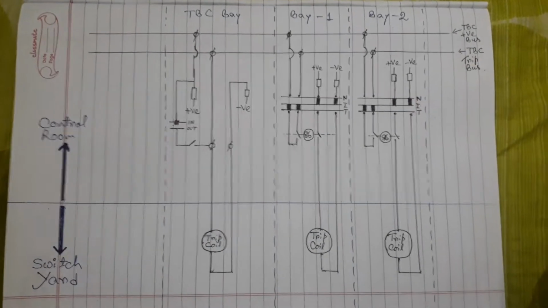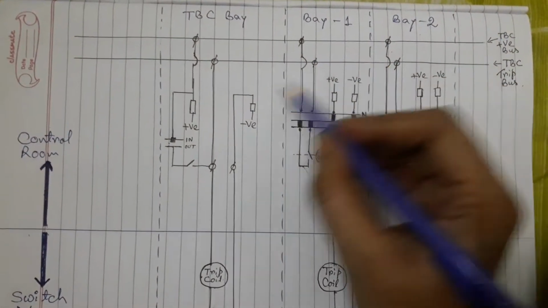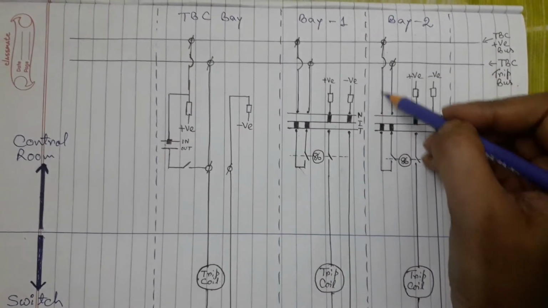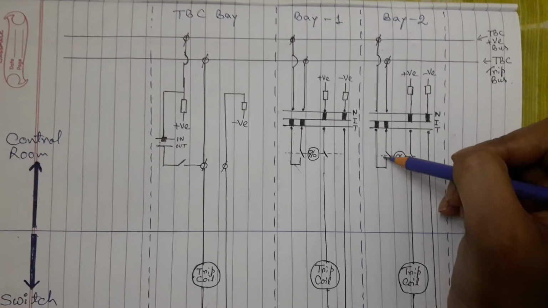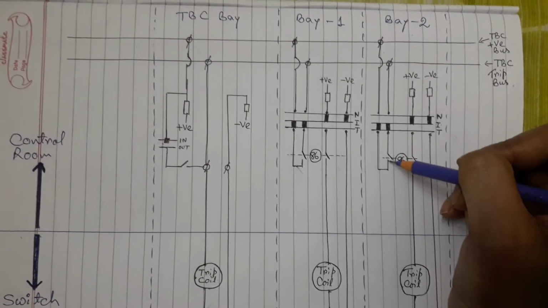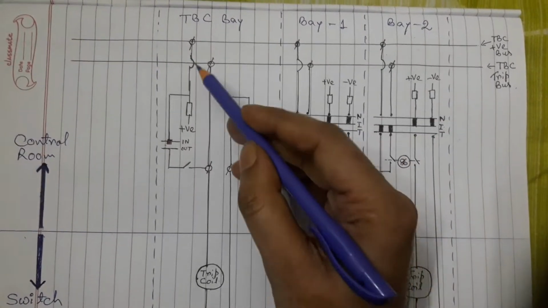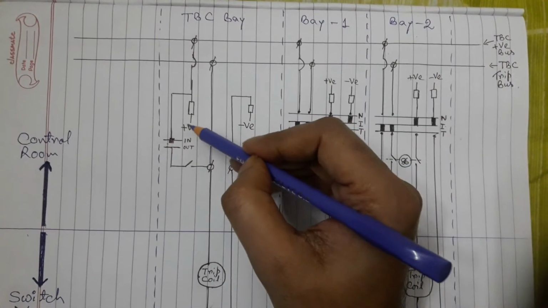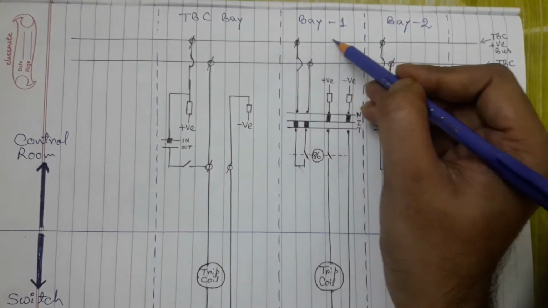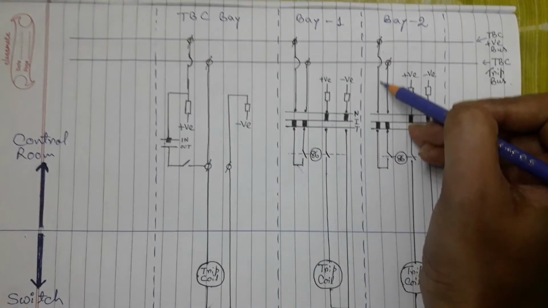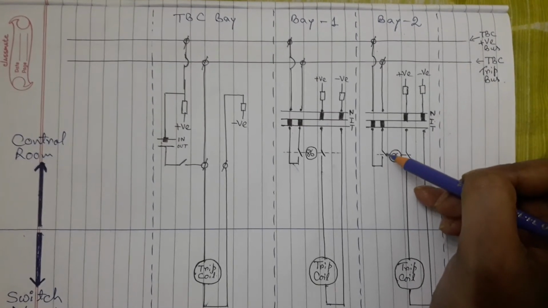So in that condition, as the positive of this TBC bay is present here, and as the contact is in make condition, this voltage of TBC, see this is the positive, comes across this circuit, comes here, and this is make condition.